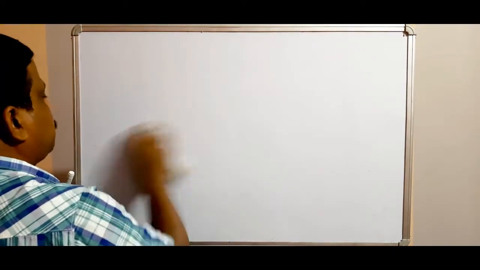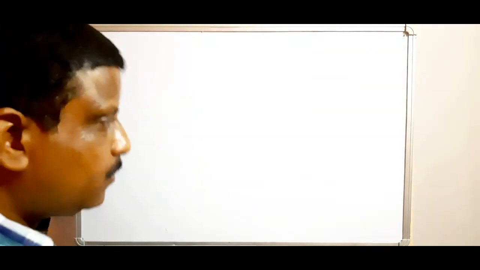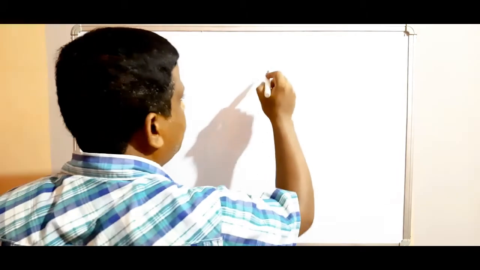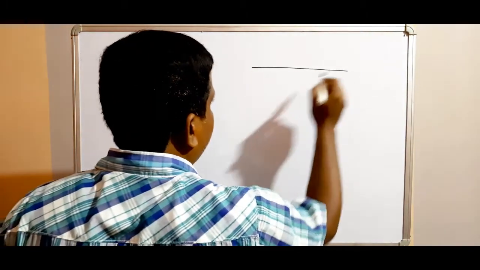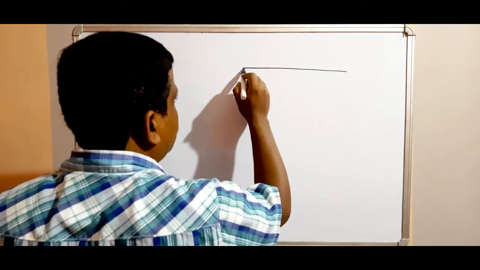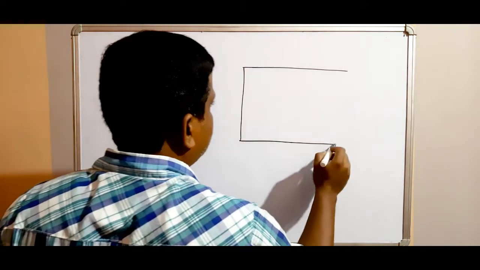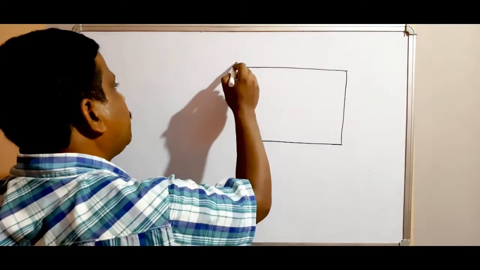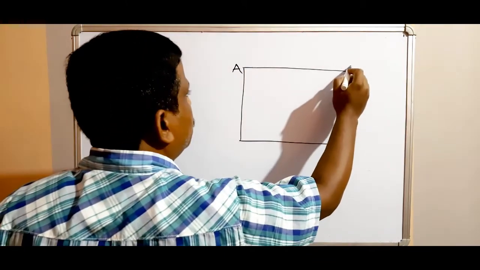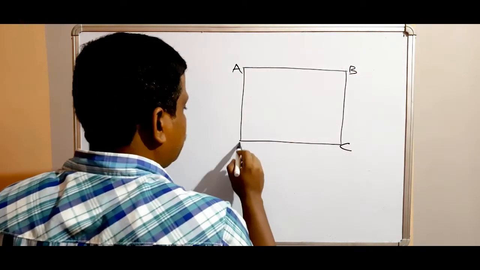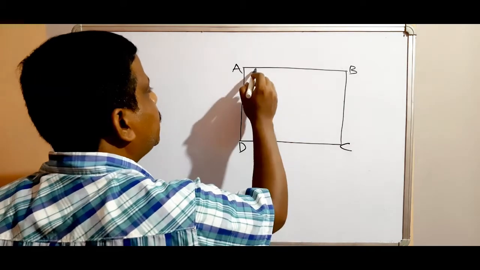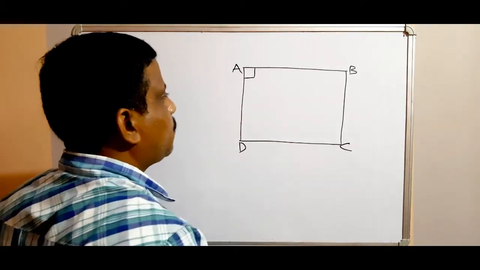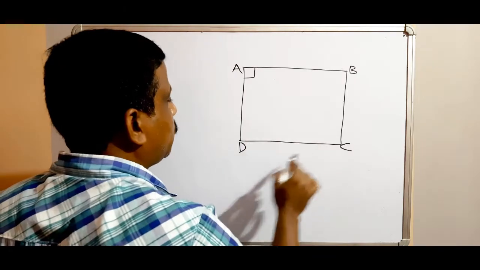Next is rectangle. In a rectangle, a four-sided closed figure, name it A, B, C, D. In a rectangle, each angle is 90 degrees and opposite sides are equal.